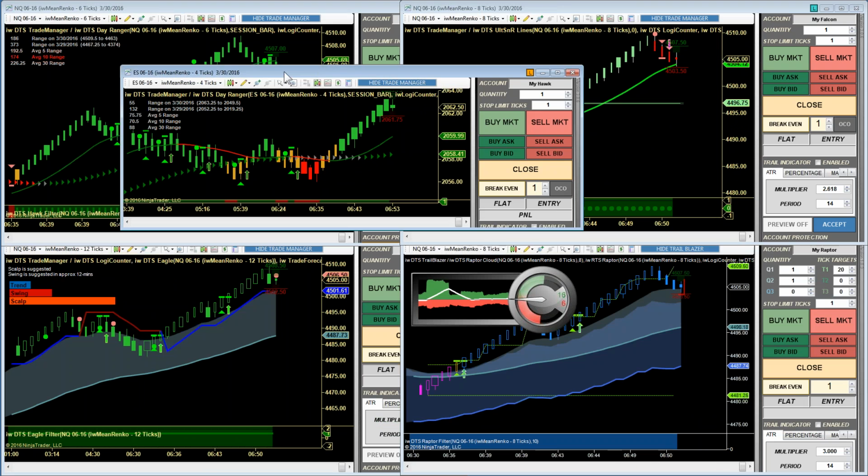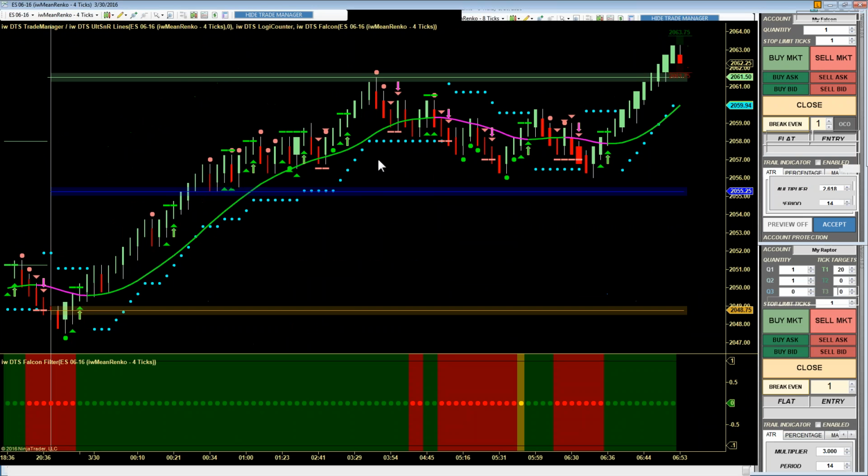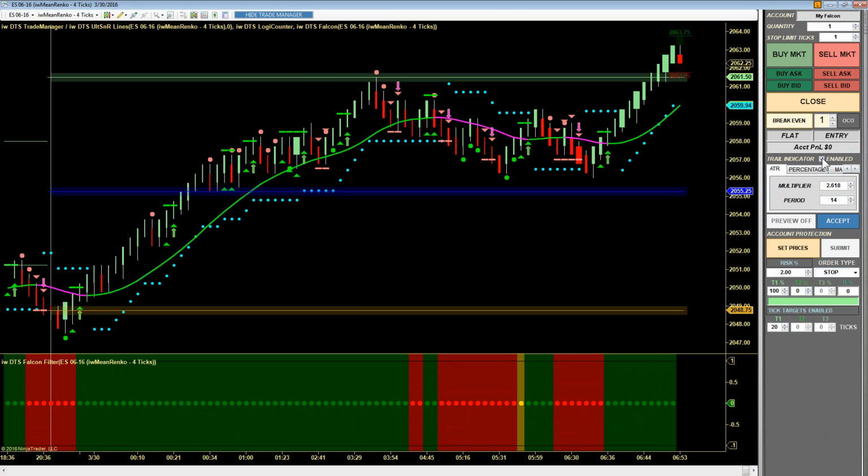Now, there's a reason we have 3 tools. So here's the Falcon swing trader now. And nope, didn't really get a signal out of the open here either with the Falcon. Working on our first trend change signal for the day.